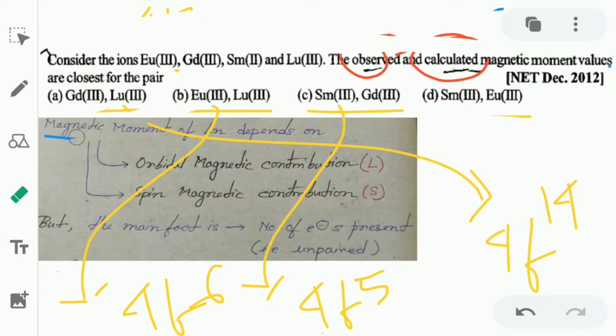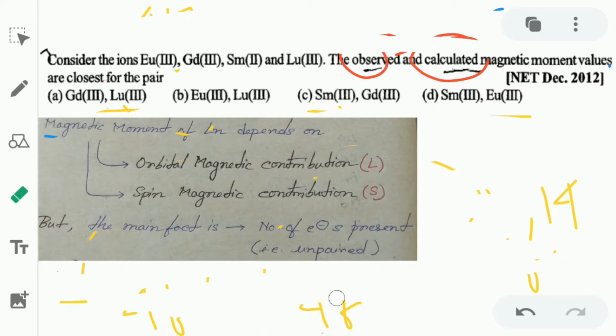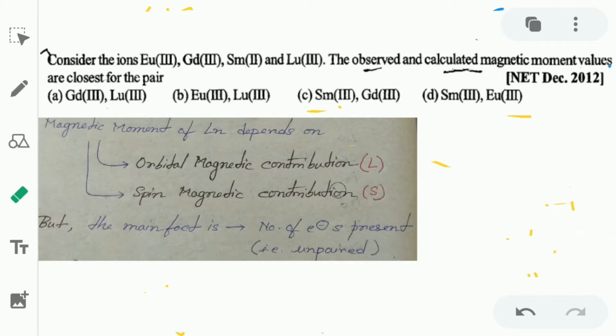As we know, the f orbital can achieve a total number of electrons of 14, and when the f orbital is half filled, it has 7 electrons.